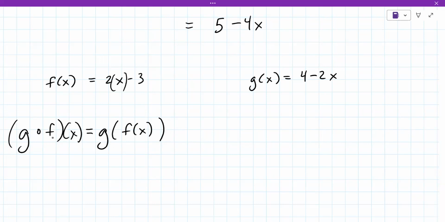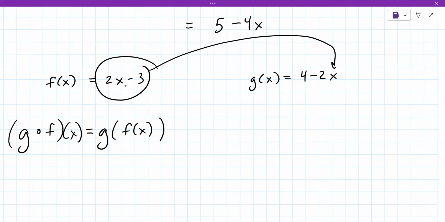This means to take f of x now, just getting rid of these parentheses, f of x now and put it in for x. So this becomes 4 minus 2 times 2x minus 3.